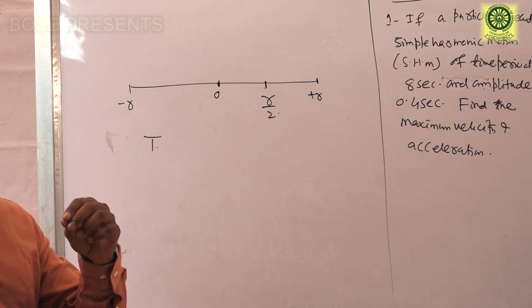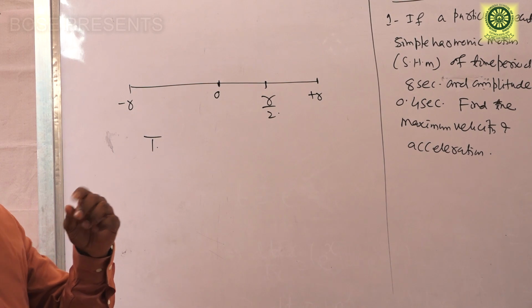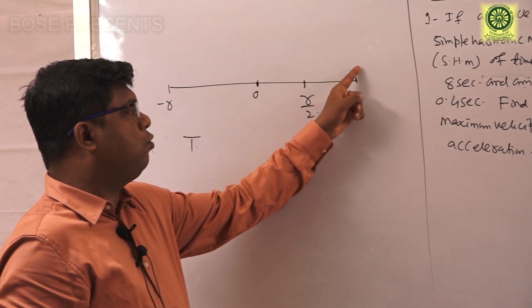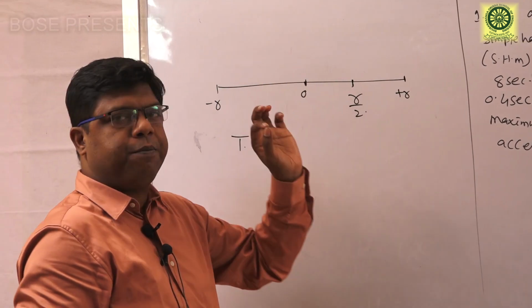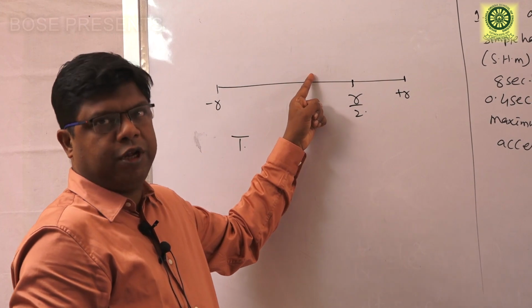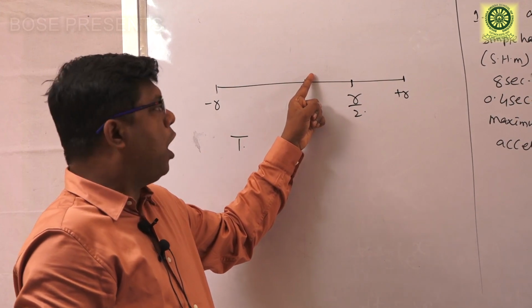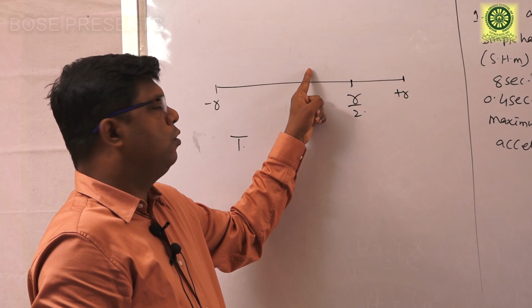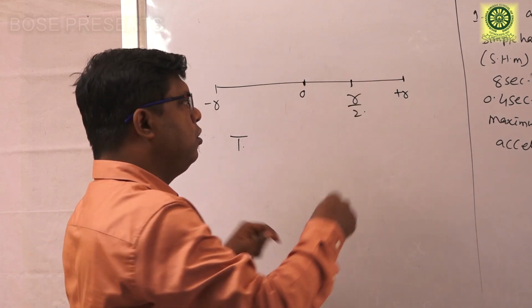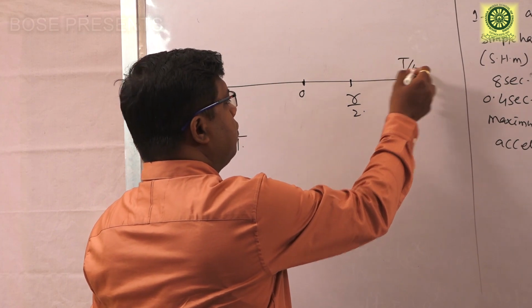One oscillation is the time taken to complete one oscillation, that is called the time period T. So half oscillation is T by 2, and 1/4 oscillation is T by 4.